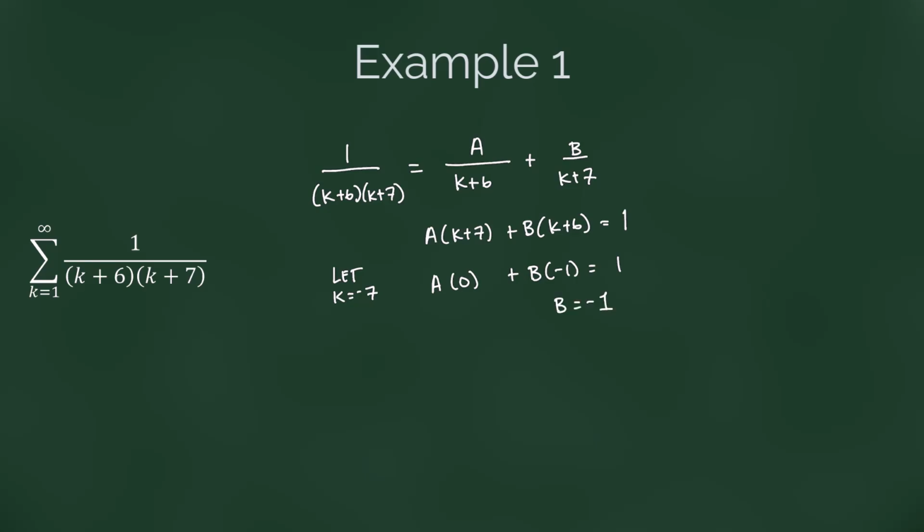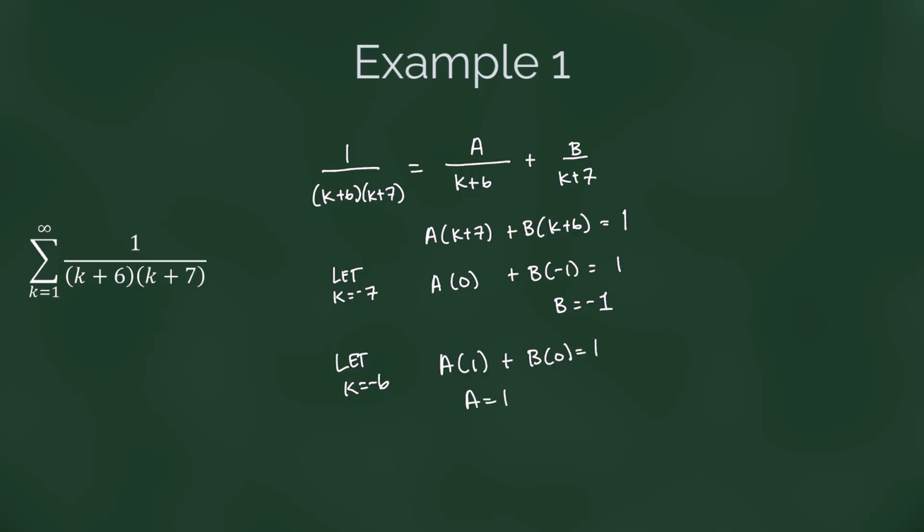Now maybe we have some insight into where that subtraction is going to come from. If we let k be -6, then we're going to get a times 1 plus b times 0 equals 1, so that a is equal to 1.